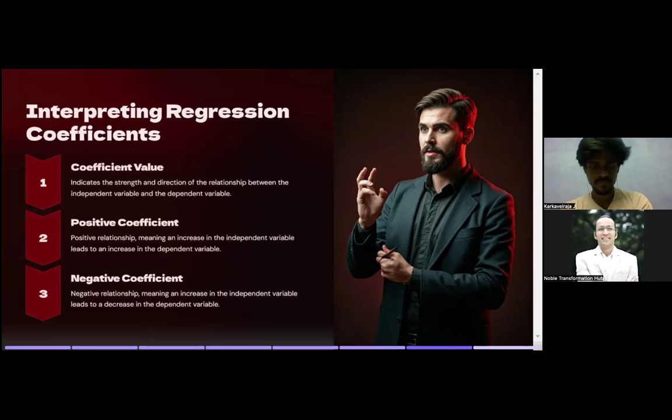You regress continuously till you reach the actual, optimal value, right? And with these components it will do that. So a positive coefficient is a positive relationship: an increase in the independent variable leads to an increase in the dependent variable.